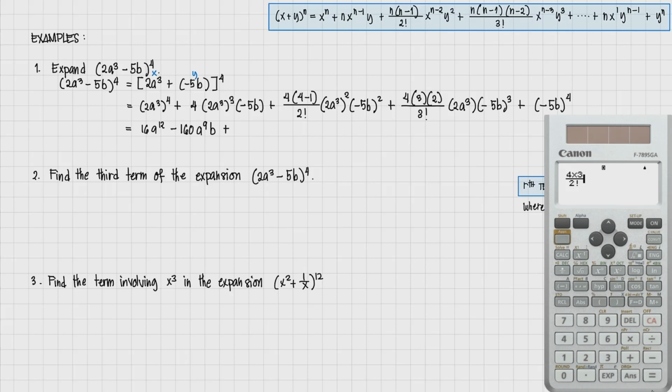Okay, then multiply this by 2 raised to 3 times negative 5 squared. That's equal to negative 1,200.